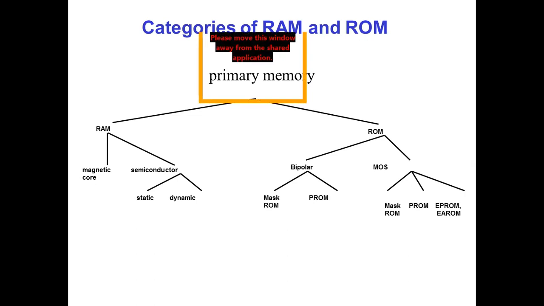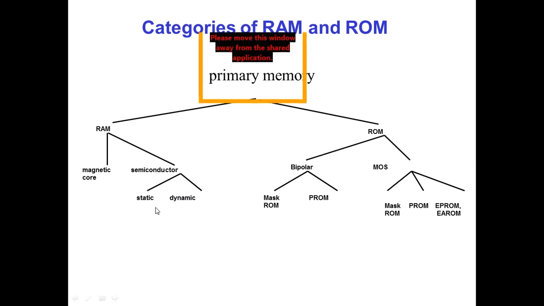Then the user can write the program or collect the data or retrieve the data from there. But it is temporary memory. This is again another type, static and dynamic. Static is fixed, we cannot change the data, and this is dynamic. Here your data, program, or information occupies space as per need.